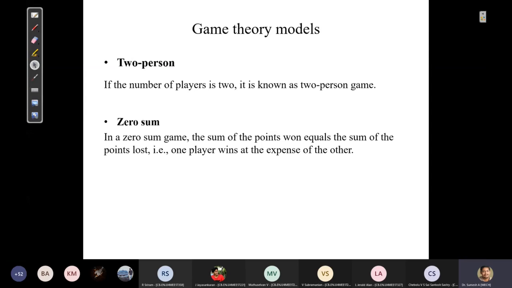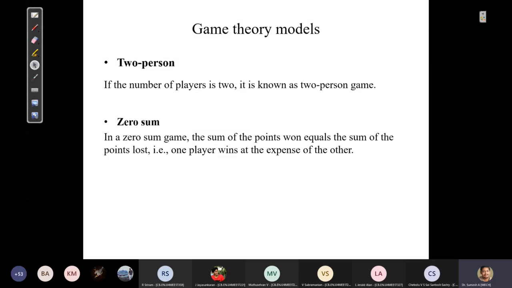And the next classification is based on the nature of the final outcome, as we saw in the case of zero-sum: whatever one is gaining, the other is losing. One player wins at the expense of the other.